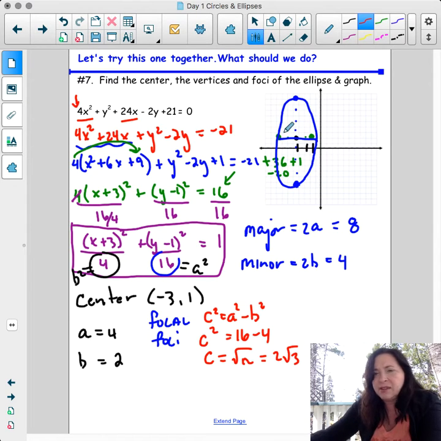Now, in order to find these points here, you're going to have to label all these points on here. In doing that, you always go from the center. So for this point here, we went -3, 1. For my vertices, being on my major axis here, this point up here was 4 up.